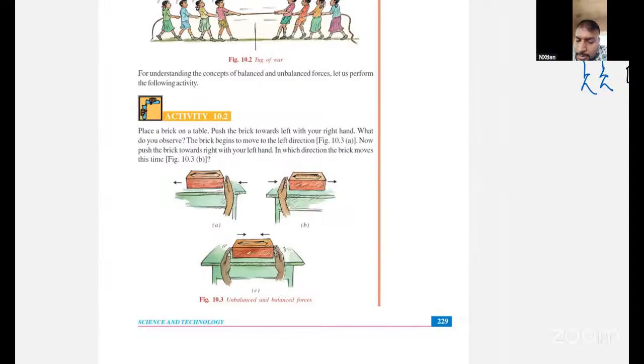First unfollow me. I did that. Then follow again. Now can you see it? Can you see the tug of war picture and 3 bricks? No. Then join it again.